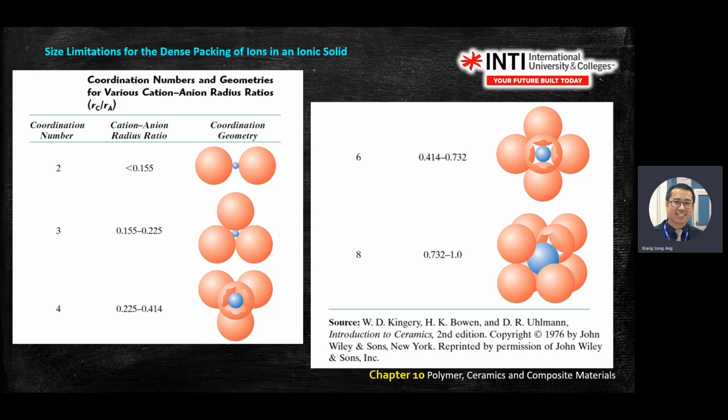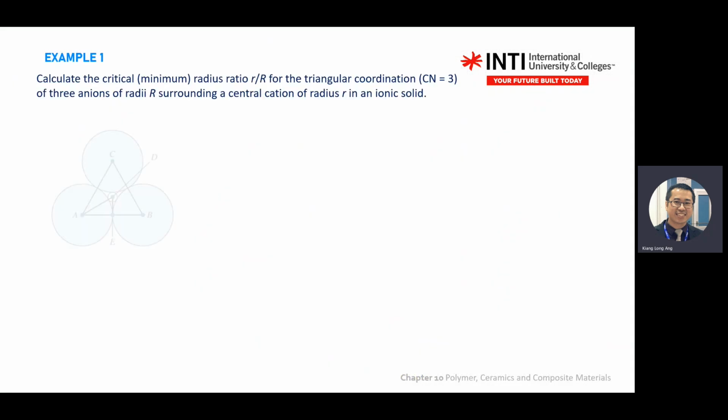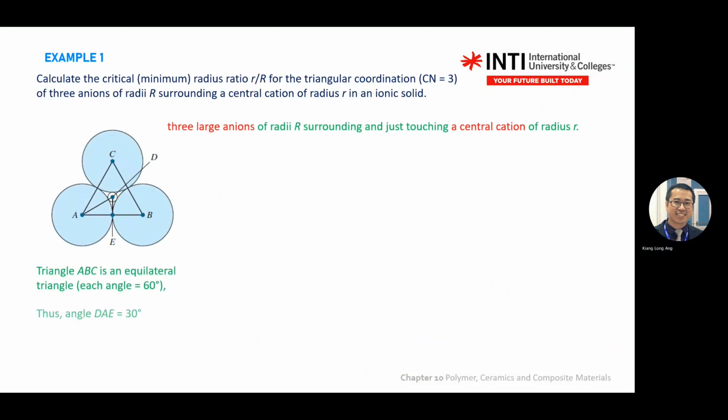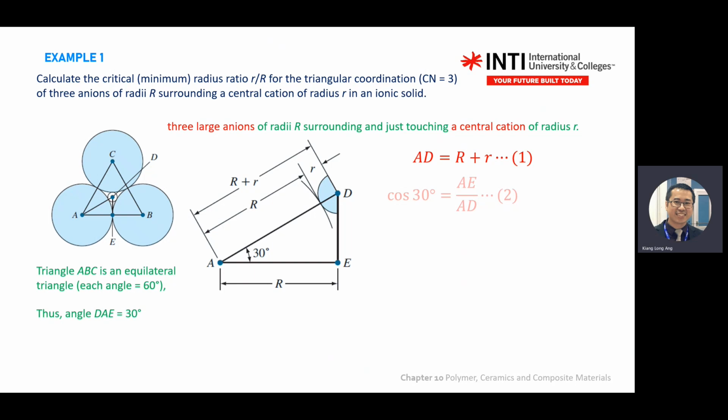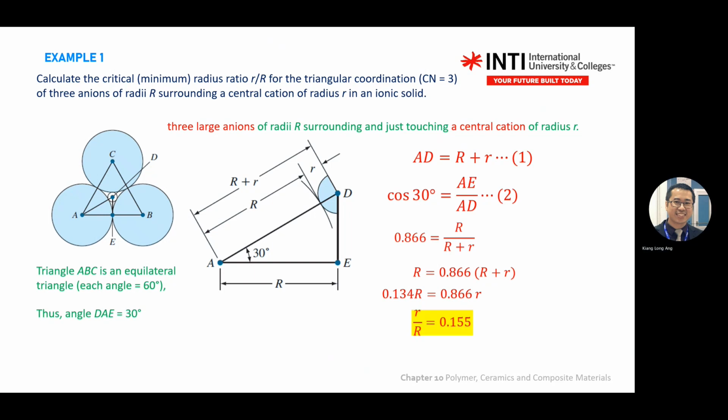For example, it gives you 3. The minimum number is 0.155. We don't go for 0.255. We pick the minimum number, then you calculate the big R, small r. So when you do revision, try to think how your lecturer asks you, or how the question can be reverse engineered and ask you from the answer back to the question.